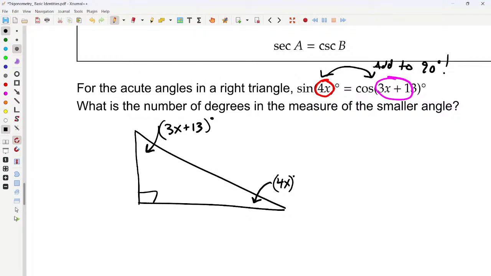For the acute angles in the right triangle, sine of 4x equals cosine of 3x plus 13. Got it. What's the number of degrees in the smaller angle? First, we set up an algebraic equation. I got the words right there. 4x plus 3x plus 13 has to be 90.